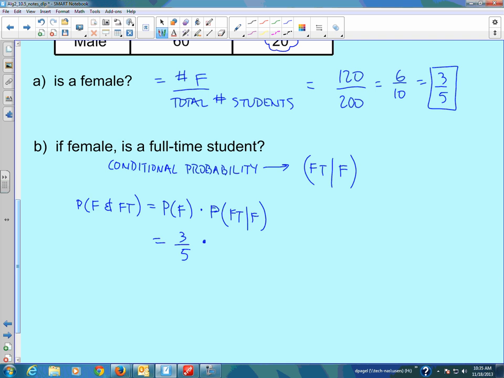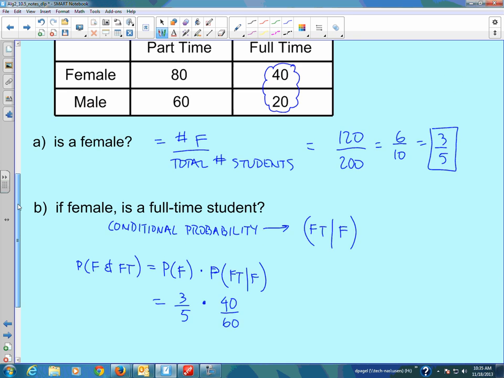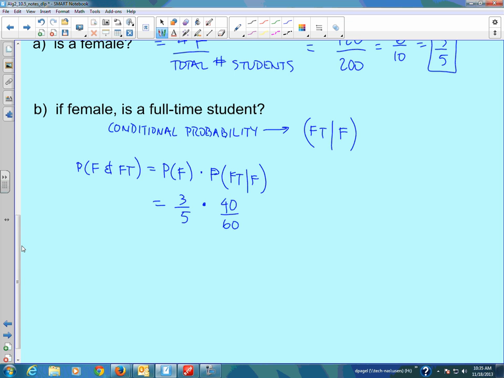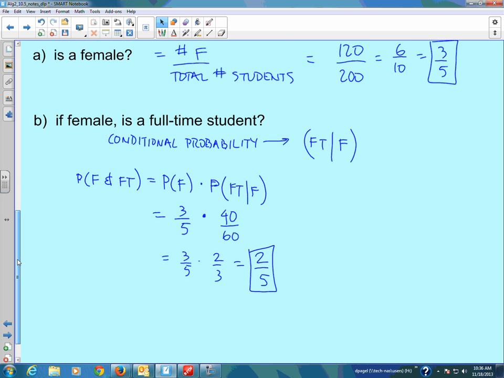So this becomes a 40 out of 60. And then we reduce everything, 3/5 times 2/3, and that reduces to 2/5. There's my probability that we will have a female student and that female is a full-time student.